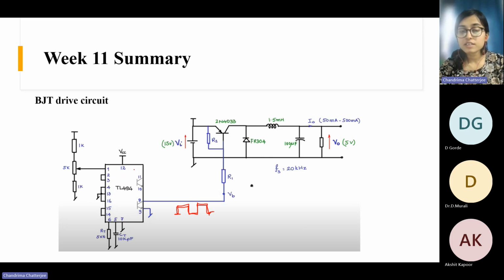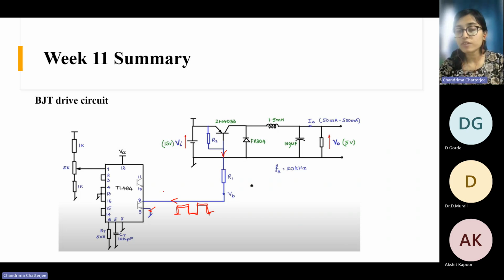Here there are two internal switches. When this one is on, current can flow in this path via this switch and then to the ground. The supply ground and this ground are the same.